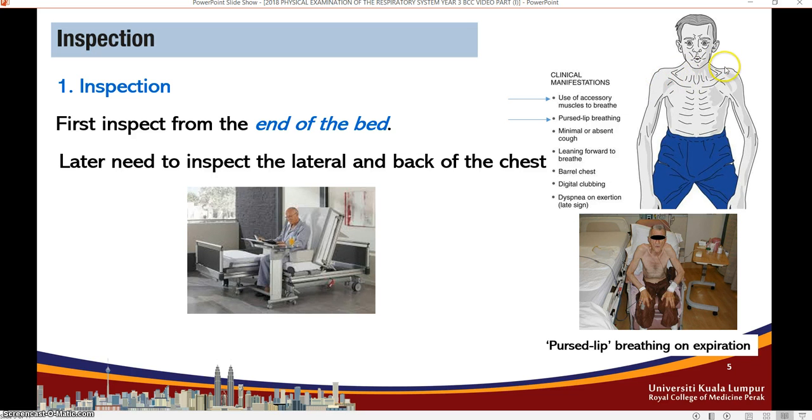Check the accessory muscles of the neck, whether they are in action, and the type of breathing, whether it is pursed-lip breathing, including the position of the patient, tripod position. These you will all see in advanced stage of COPD.